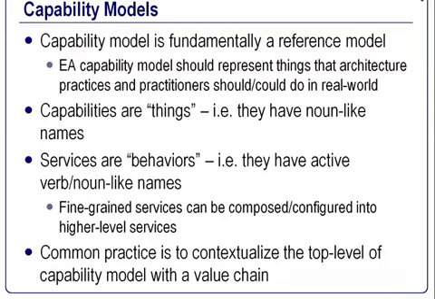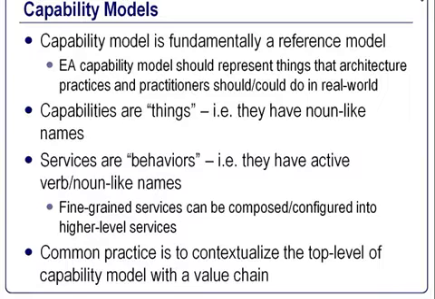A little bit of guidance on some nomenclature. We typically think of capabilities as things. They should have noun-like names, and we'll see some example of those in a little bit for the architecture value chain and capability model. But one of the things that we find very prevalent as well is that that reference model of a capability model is used as a framework for a service portfolio.